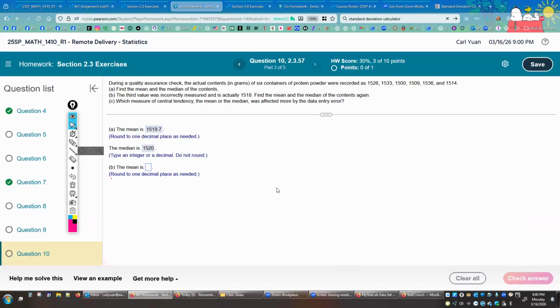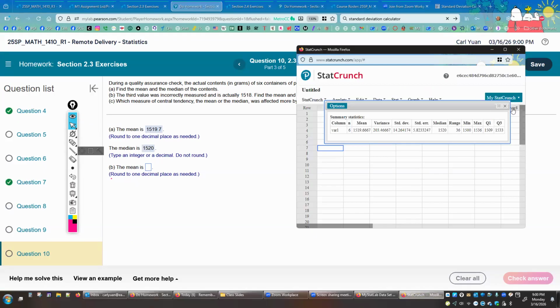All right, part B: the third value is incorrectly measured and it's actually 1518. So let's fix that. Let me jot down: the mean is 1519.7, the median is 1520.